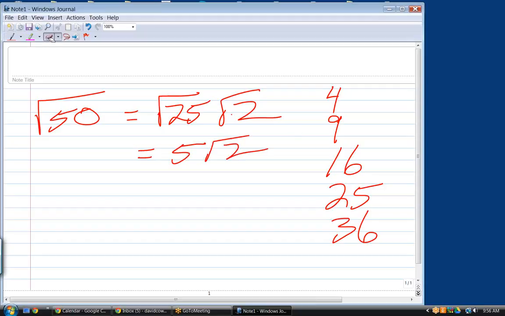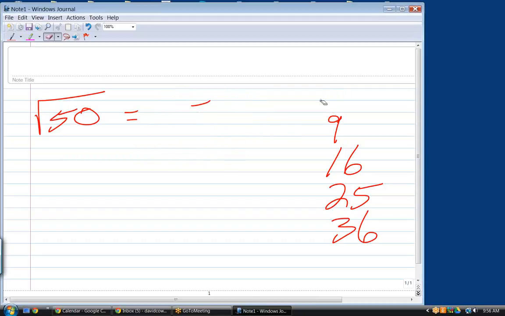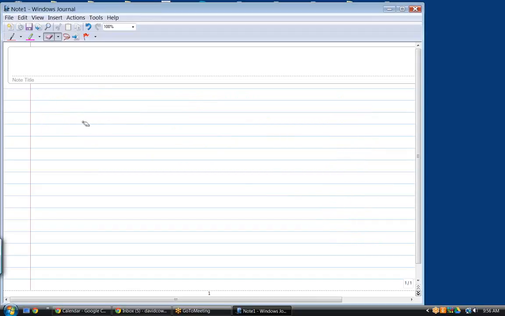Okay. So these are relatively simple. It just requires a bit of imagination and the ability to factor numbers. What's this? Square root 10. Correct.